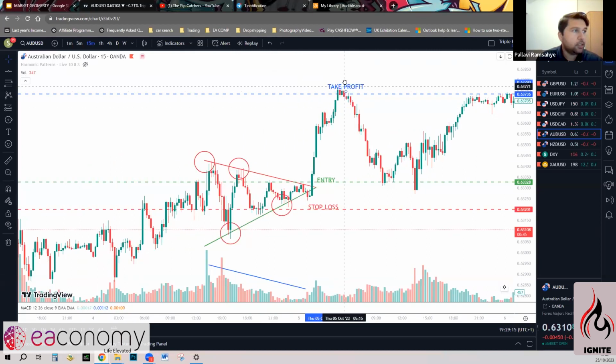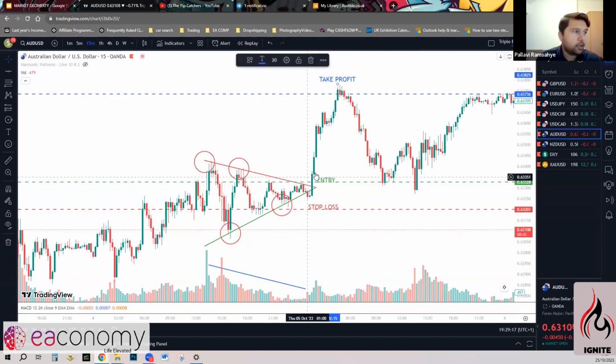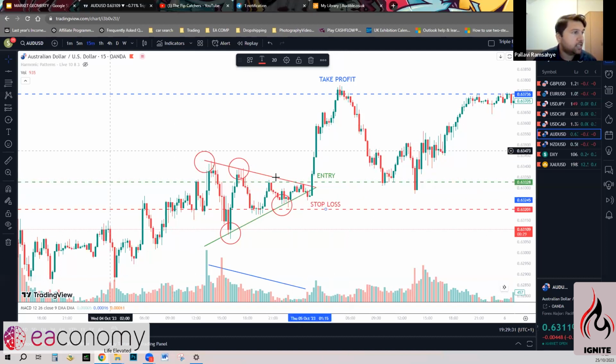So we have our take profit there, our entry here, and then we have our stop loss under this support trend line, okay? Ideally, to make this a perfect trade, you do want that retest. It would have been even better, because let's say you did have that breakout and then the retest.